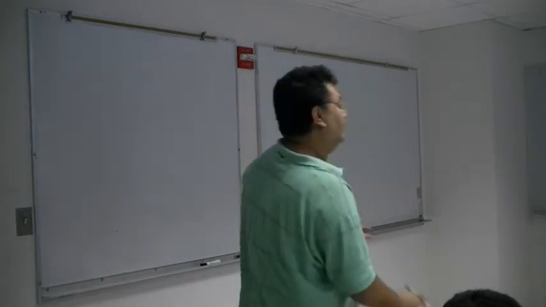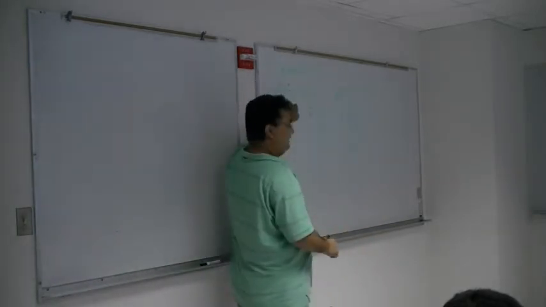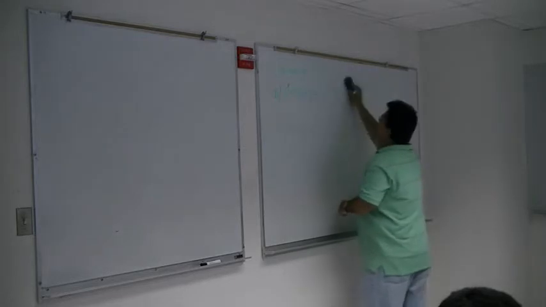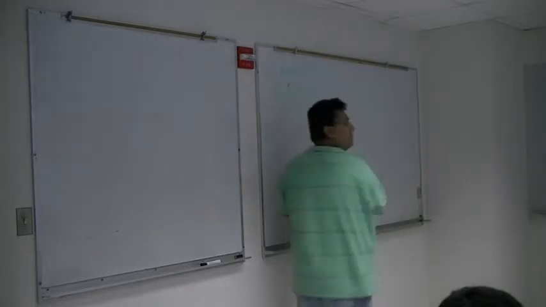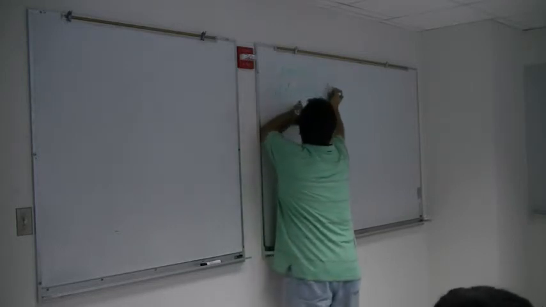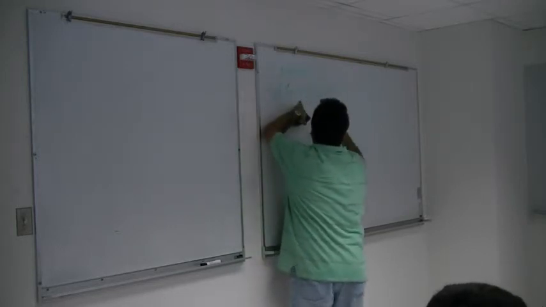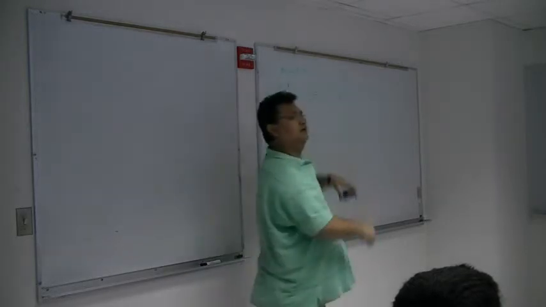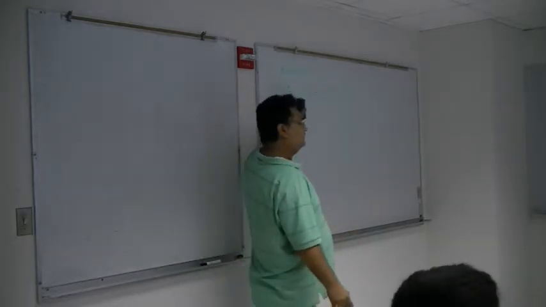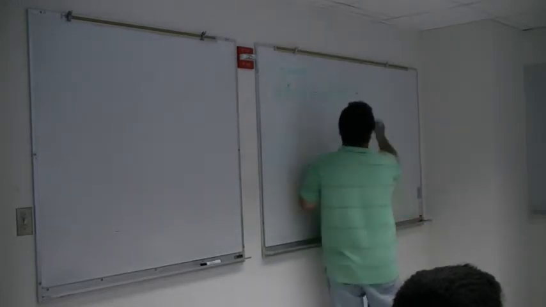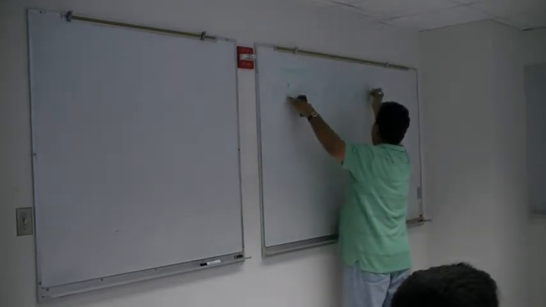Now, according to this rule, this derivative will be equal to: we will take the transpose of this one and differentiate the first one, plus then we will take the transpose of the first one.